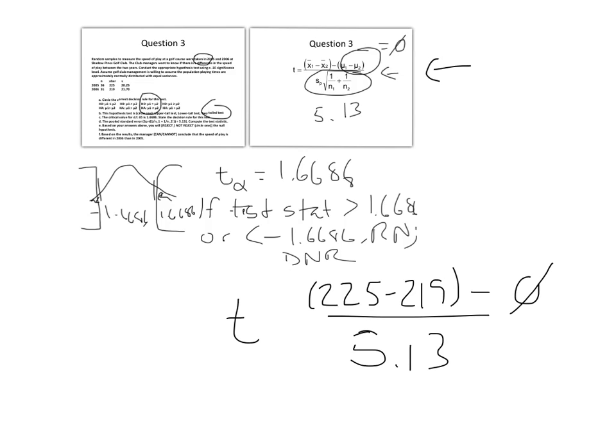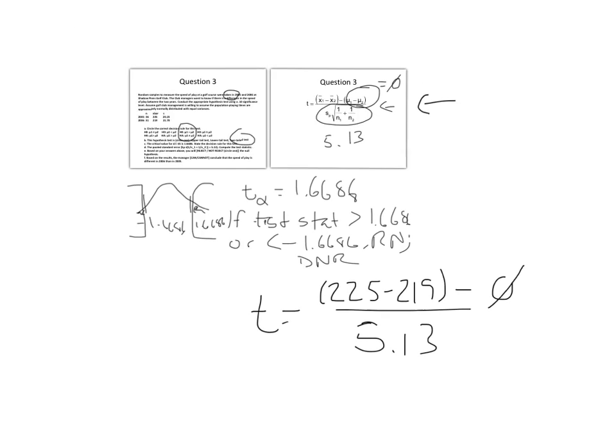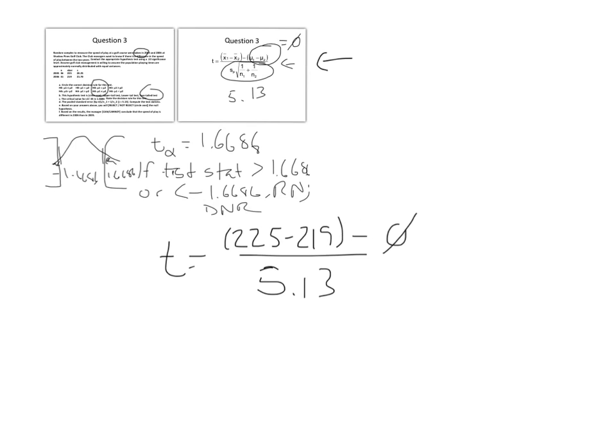And this is t that we're calculating, the test statistic. So our result then is going to be 6 over 5.13, which is going to be 1.17. Okay, so 6 divided by 5.13 is 1.17.